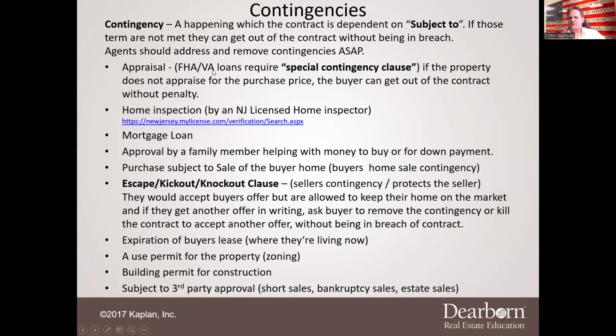VA loans are those for veterans, and FHA loans, well, those are loans that are insured by the FHA. Neither the FHA or VA actually lends money. The VA guarantees up to 25% of the loan amounts, and the FHA insures the loan.